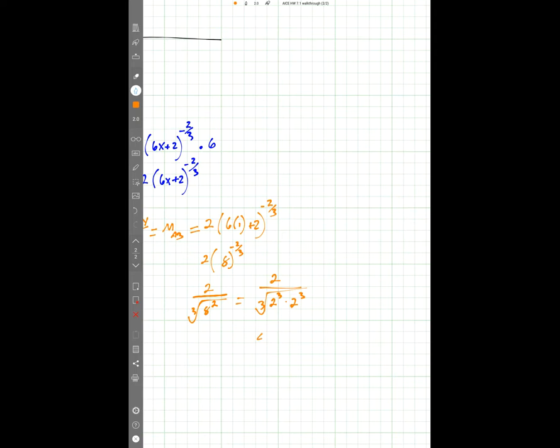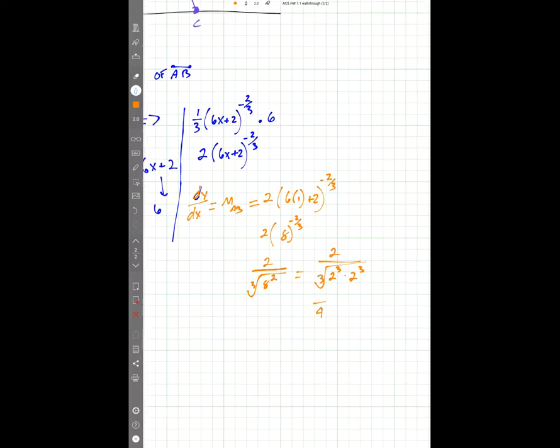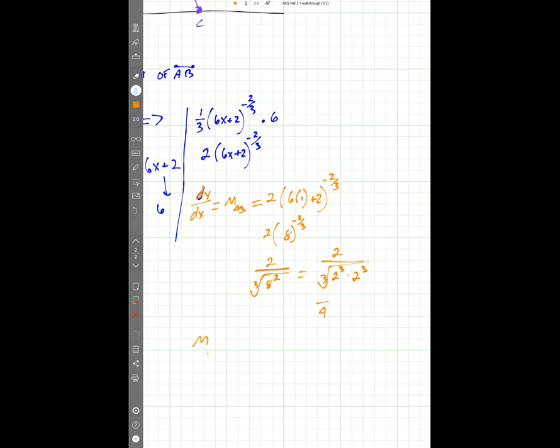So I'm going to end up with 4, 2 over 4. So my m of AB is 1/2. So that being the case, my m of AC is negative 2.